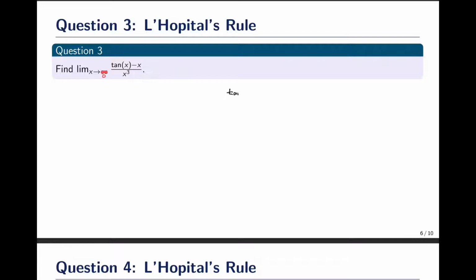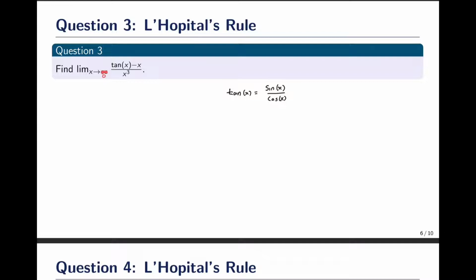So tangent x is sine over cosine. And so if I'm looking at the behavior of tangent, it's really like looking at the behavior of a sine and a cosine together. As x goes to 0, sine of 0 is 0. So that tells me as I send x to 0, tangent's going to go to 0.